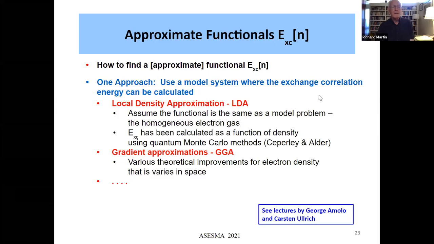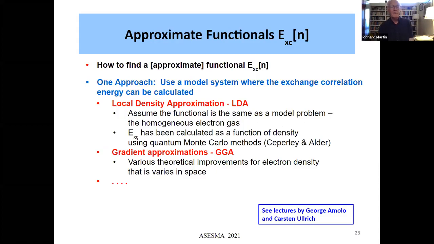This has been calculated in great detail by the quantum Monte Carlo calculations of Ceperley and Alder, and then assume that the functional is the same in an actual system that's not homogeneous. That would be, pick any system, and at any point you have a density of electrons, and at that point you say that the exchange correlation is the same as if the electrons were in a homogeneous gas of that density.